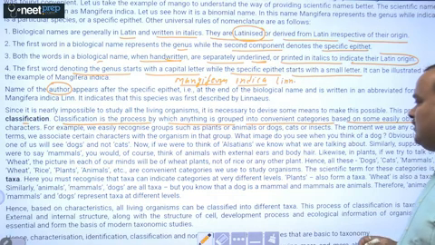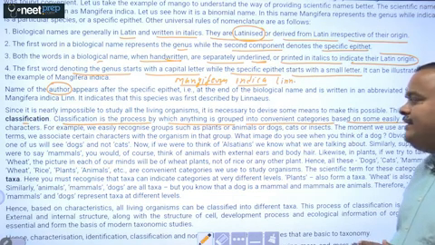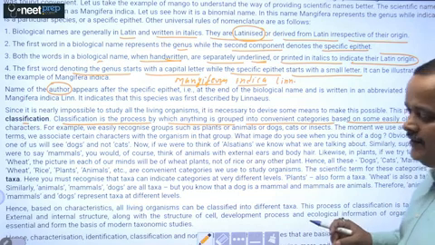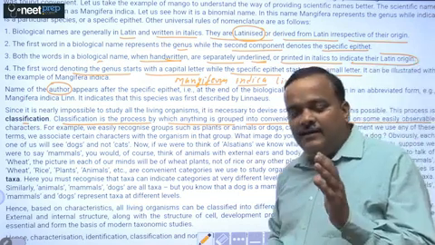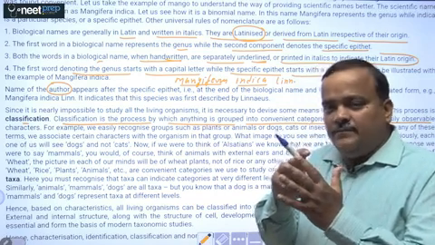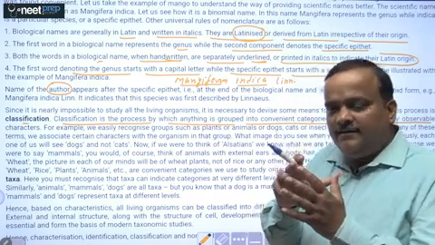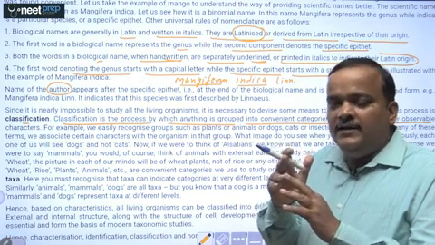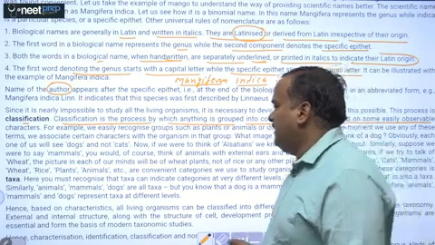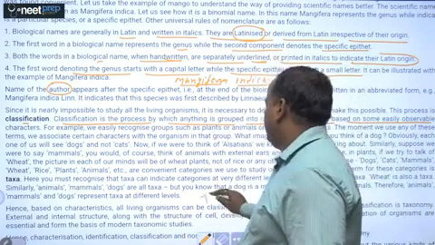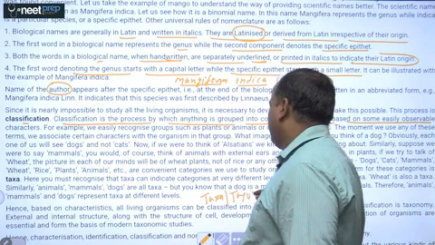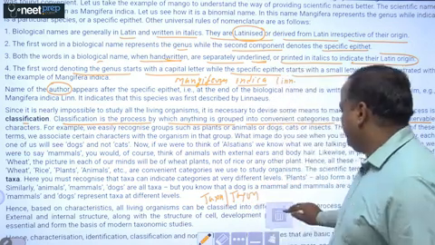Taxa or taxon refers to any rank or category in the taxonomical hierarchy that we will study in the next unit. We have seven categories: species, genus, family, order, class, phylum or division, and kingdom. So any rank or category in this taxonomical hierarchy is referred to as taxa or taxon.